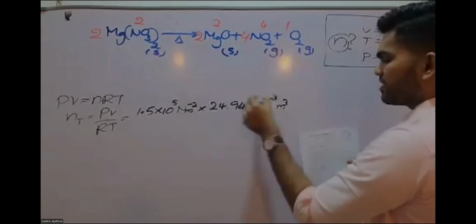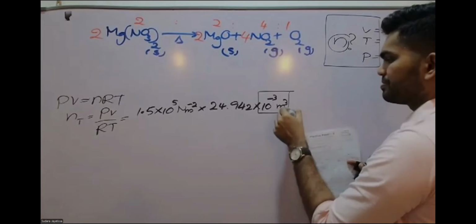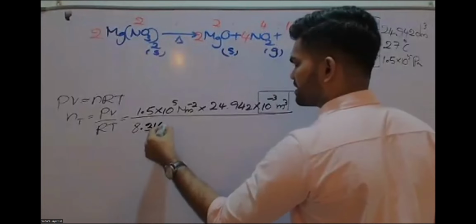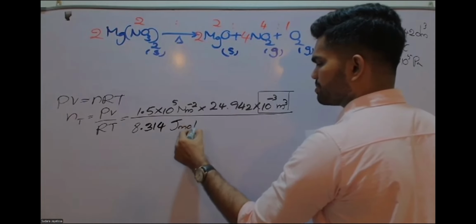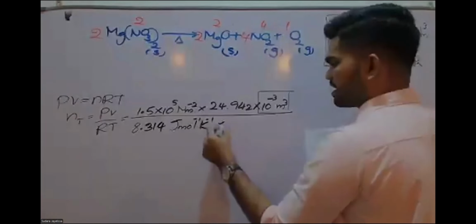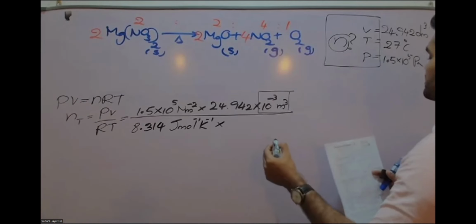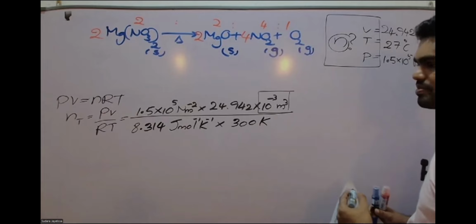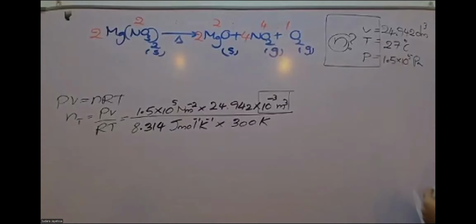You must convert that into meter cube. That is very important. Then divide by the universal gas constant 8.314 joules per mole per Kelvin, and multiply that with the temperature, which is 300 Kelvin. You have to convert that into Kelvin by adding 273.